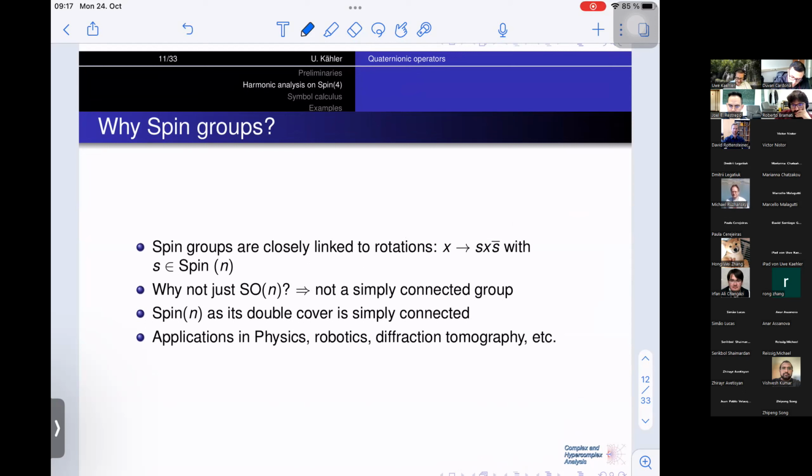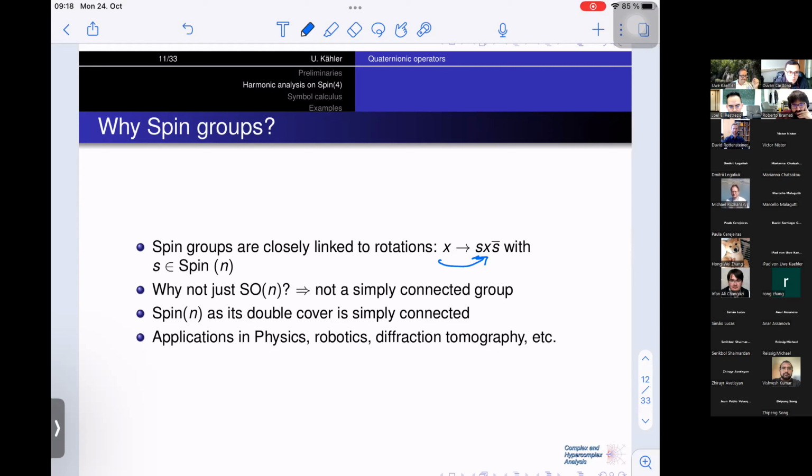If I want to rotate x into another point in Rn, then you take the s from the spin group as a spinor, and that's it. Of course, you will be rather surprised the first time you see that one, why we don't just take SO(n). I mean, people from physics don't have a problem with that one. They immediately jump to the spin groups because for them spin also has a little more meaning than just rotations.